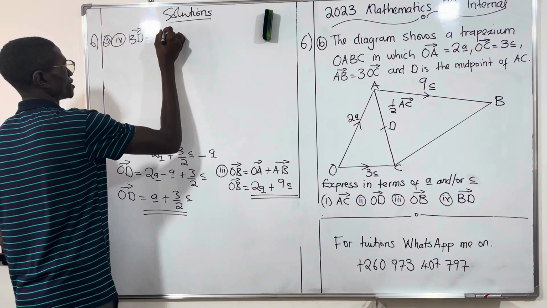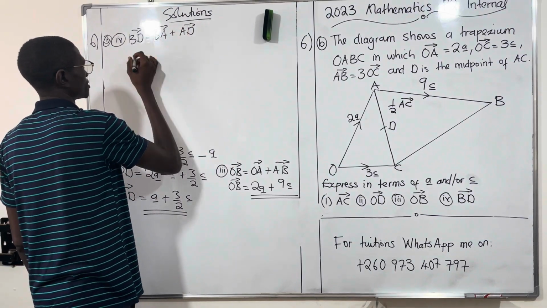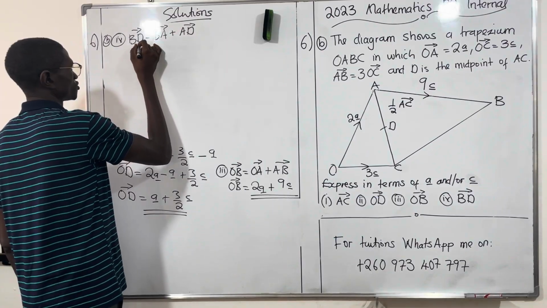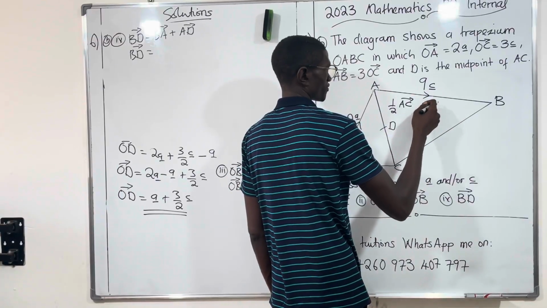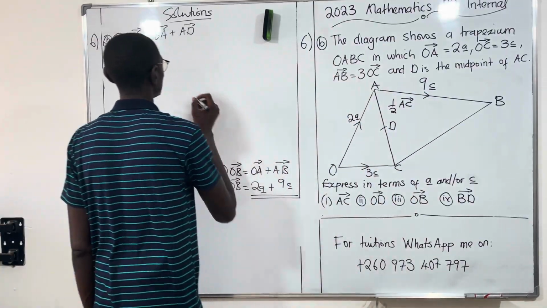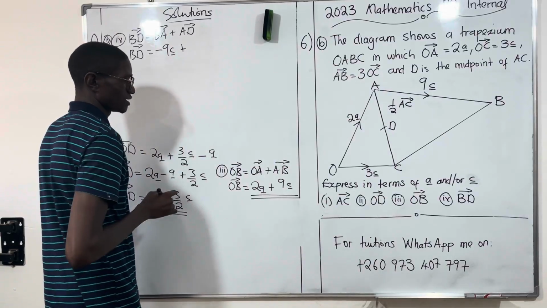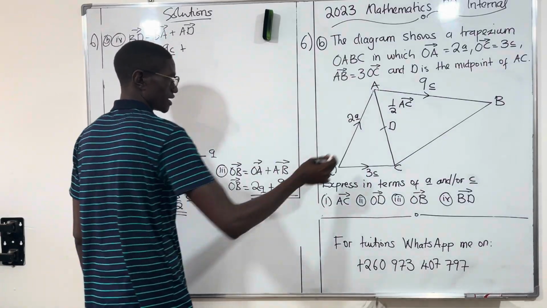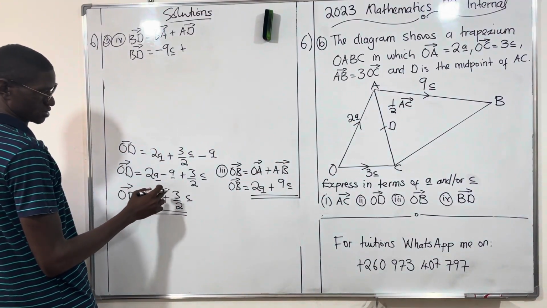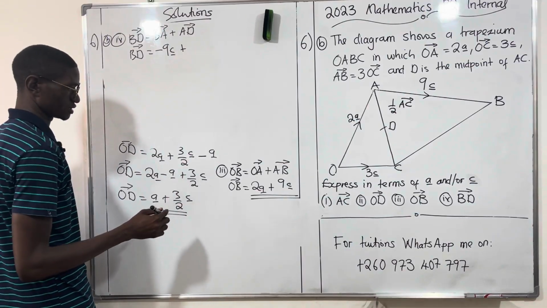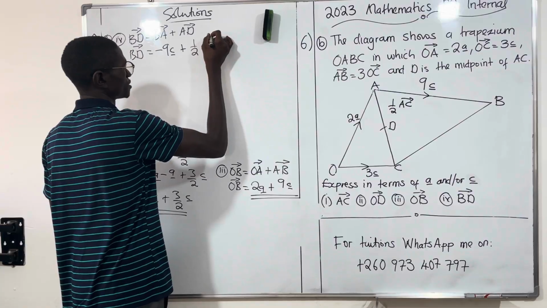So BD is going to be equal to, what is BA? So BA, we're going against the direction of the vector, so it will change to negative 9 vector C plus, what is AD? AD, we say it is half of AC, which we found somewhere here. Is it? I think we've erased it. So half of AC is the value for AD.